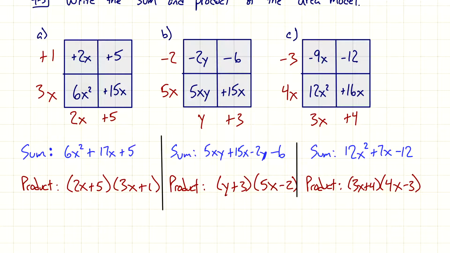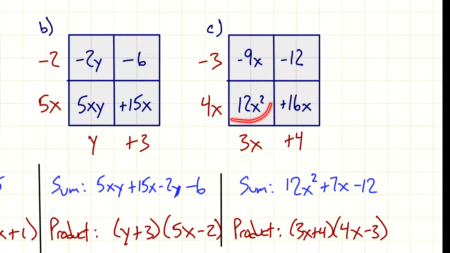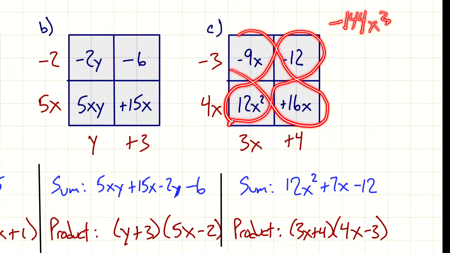And let's see if it works on the last one. So this is 12 times negative 12. So if you're not sure about that one, those are bigger numbers. So 12 times negative 12 is negative 144 with an x squared. And if I multiply 16 times negative 9, what do you think it's going to be?